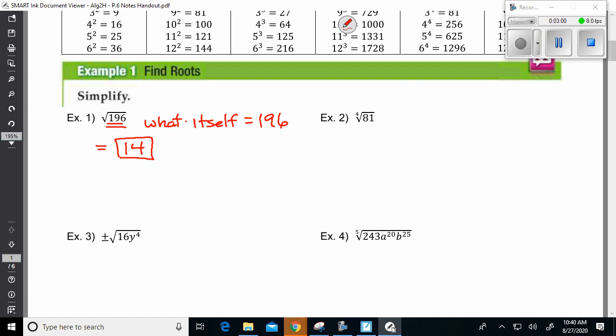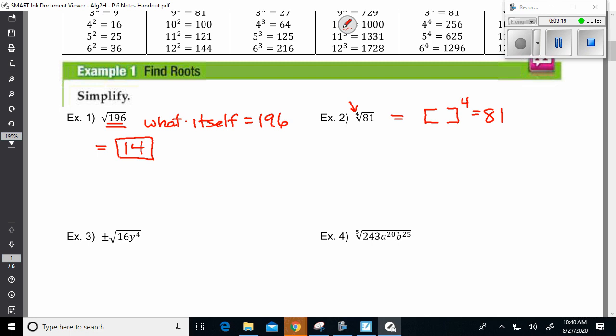So in the case of example 2, since there's a 4 sitting outside, you're looking for what to the 4th power will give you 81. So you have to figure out what number could go in there and work.